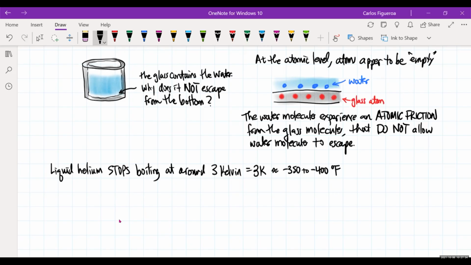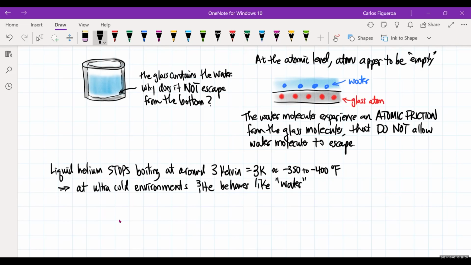And what that means is that when you get to these ultra cold environments, helium-3 behaves like water.